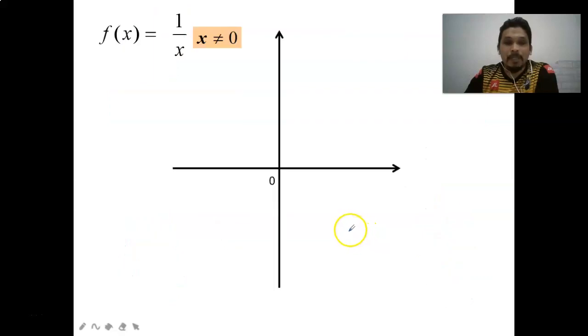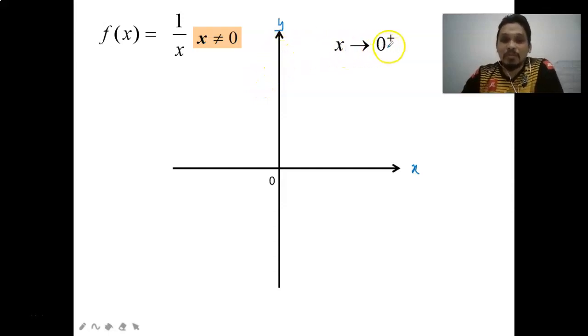And again, this is the vertical asymptote at the y-axis. Along this y-axis, x cannot be equal to 0, so it means that the graph will never cut or even touch the line of the y-axis.